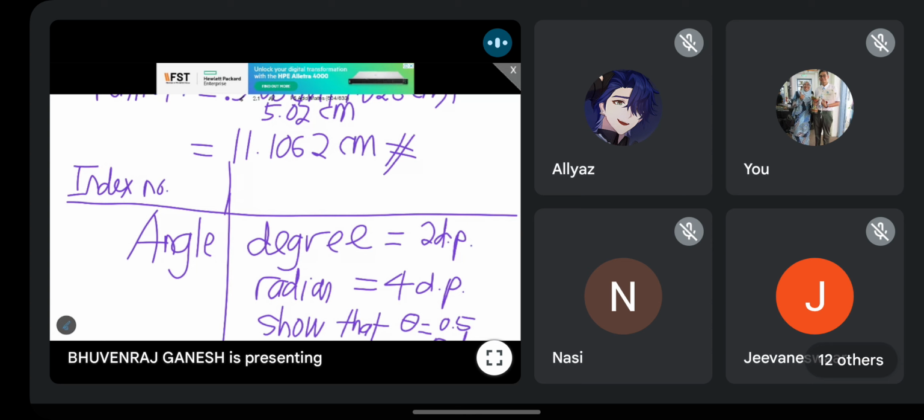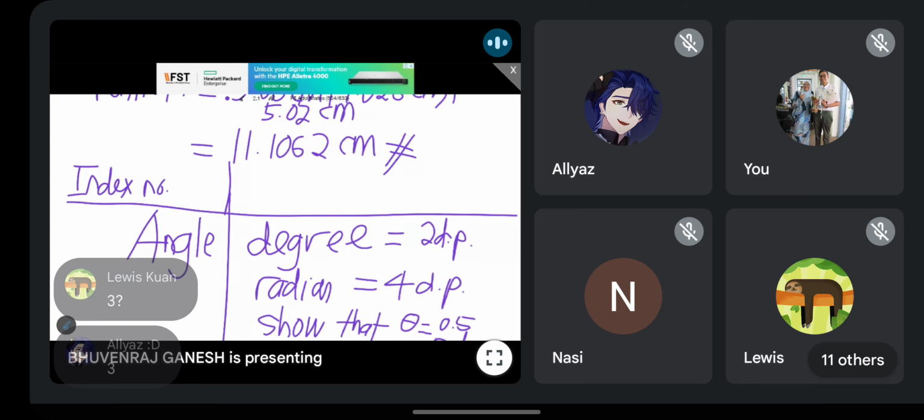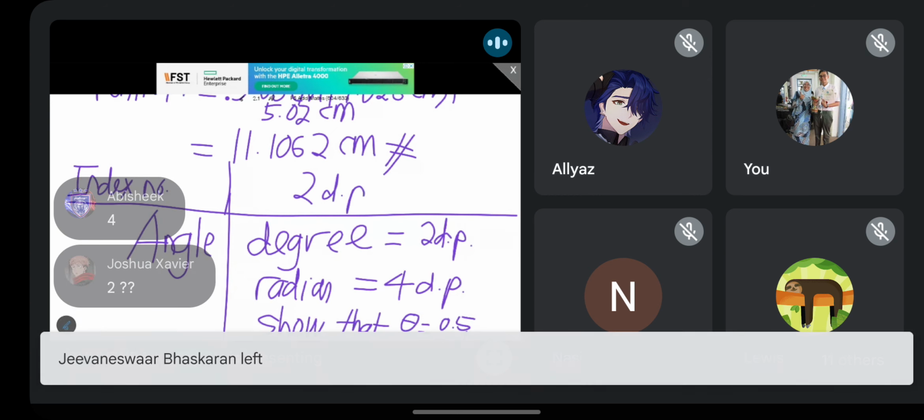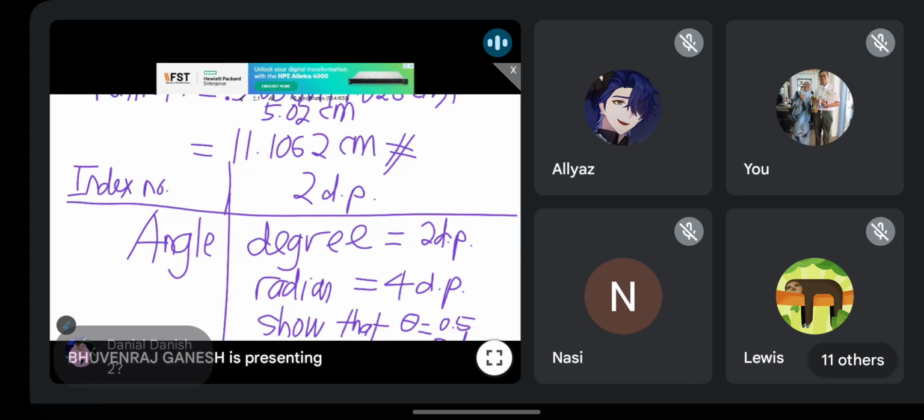Harga index ataupun harga indeks gubahan. Berapa titik perpuluhan? 2 lah. Usually it's 2 only. Dia takkan sampai 4. Usually the question will go until 2 dp. Nilai dalam calculator kamu juga akan sampai 2 dp. Okay, usually this chapter give 2 dp. Jangan bagi lebih. Index number 2 dp.